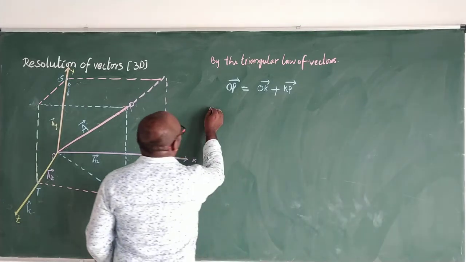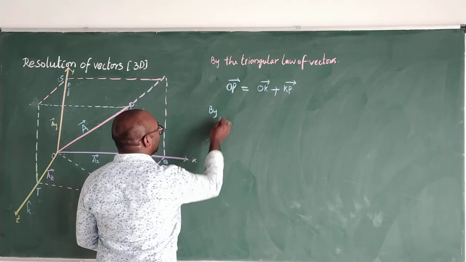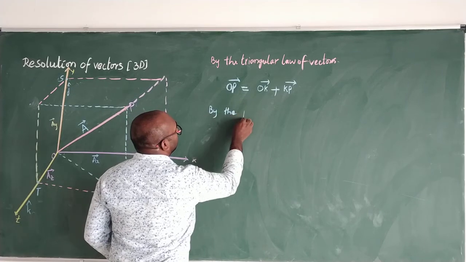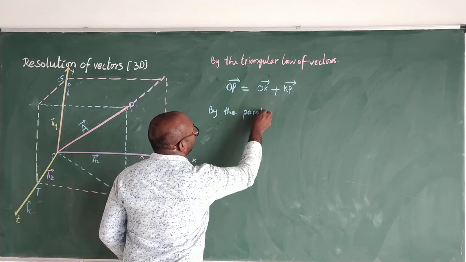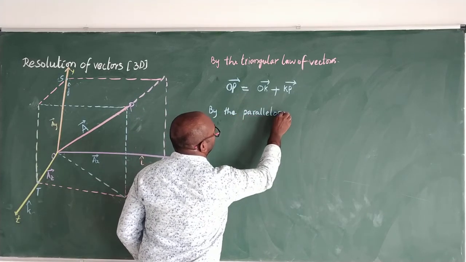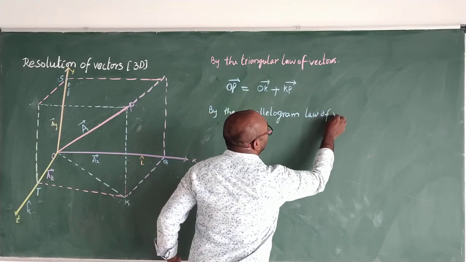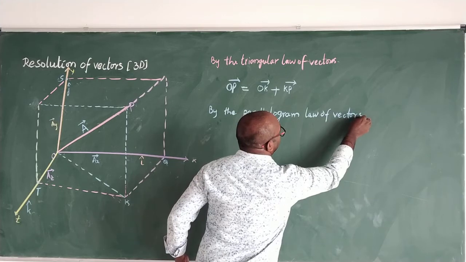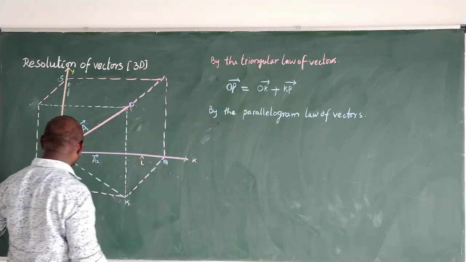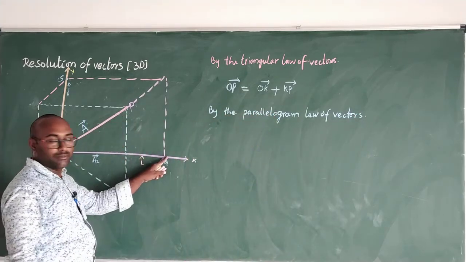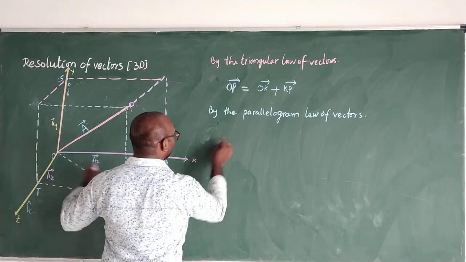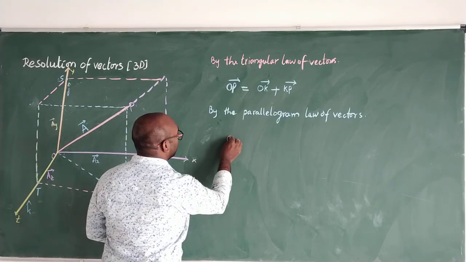Now, write down. By the parallelogram law of vectors, again what I am taking? OTKQ is a parallelogram. In that, what can I write here? Please note down.